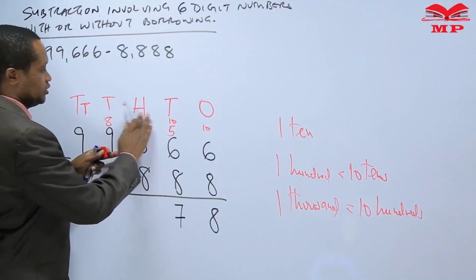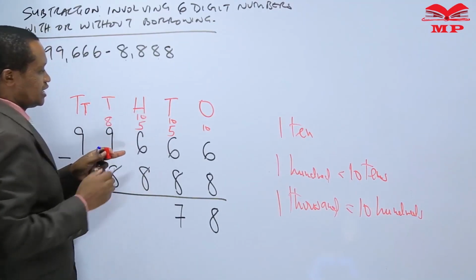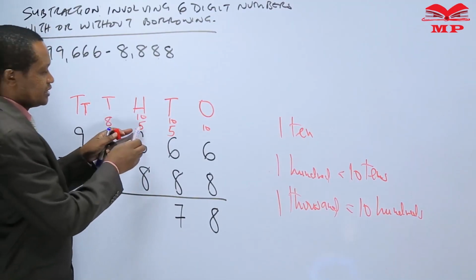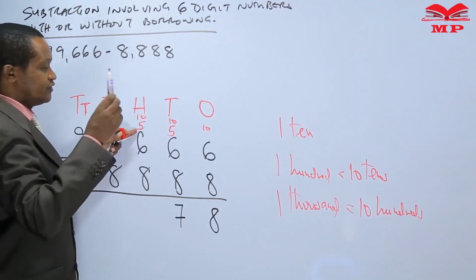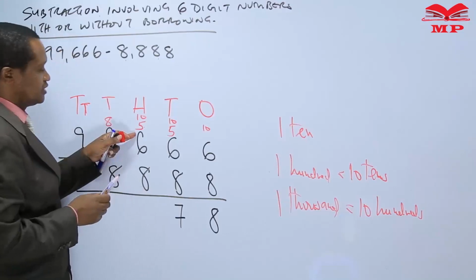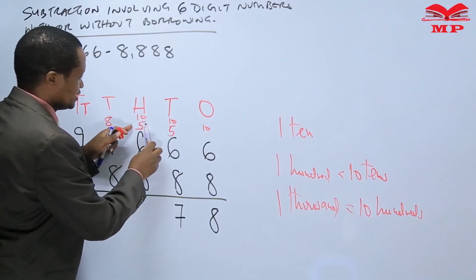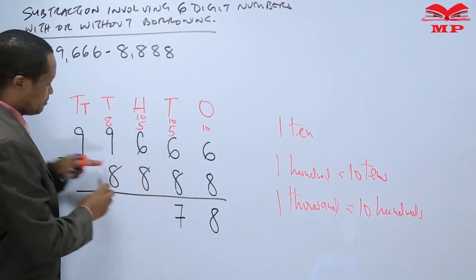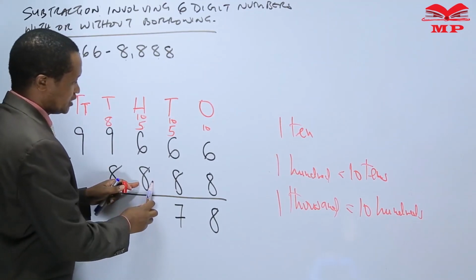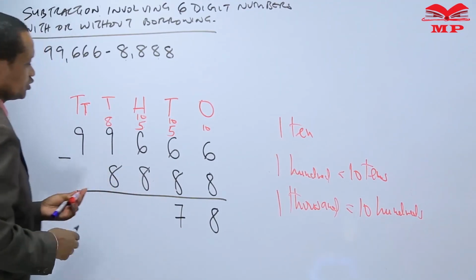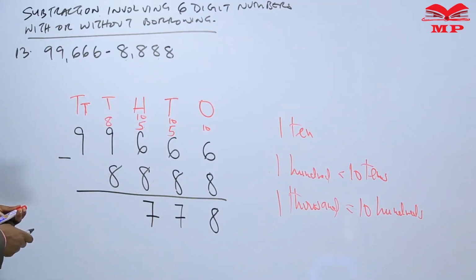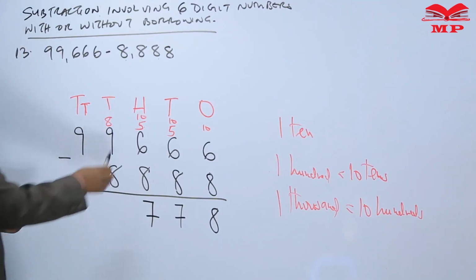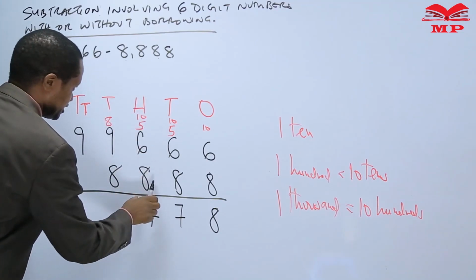So here we have 10 hundreds plus the 5 hundreds that remained, giving us 15 hundreds. 15 hundreds minus 8 hundreds is equal to 7 hundreds. So we have finished subtracting the hundreds.